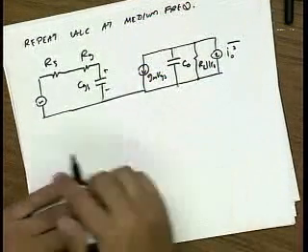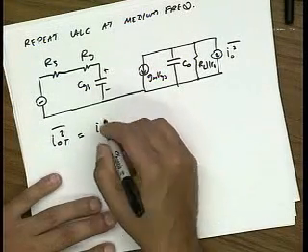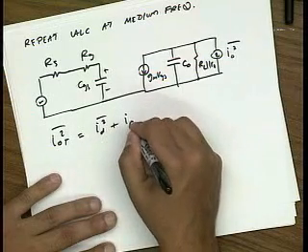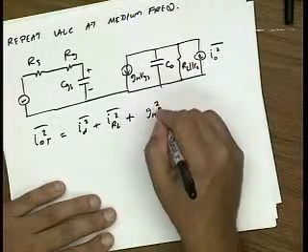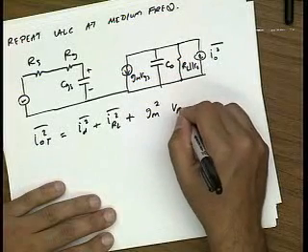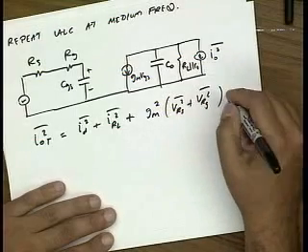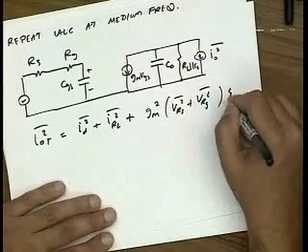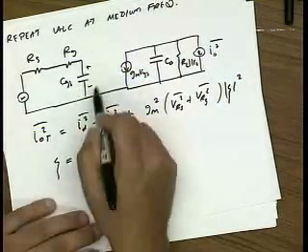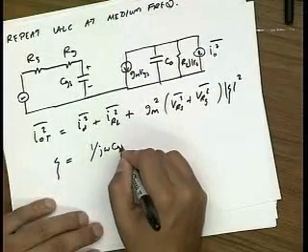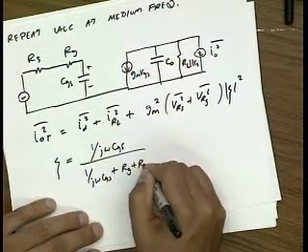Okay, so if I calculate the total output noise, it includes the drain noise, the noise due to RL, plus GM squared times the noise of the source plus the noise of our gate, times this frequency dependent factor we'll just call zeta, for lack of a better name, where zeta is simply the voltage divider: 1 over j omega CGS divided by 1 over j omega CGS plus R gate plus RS.